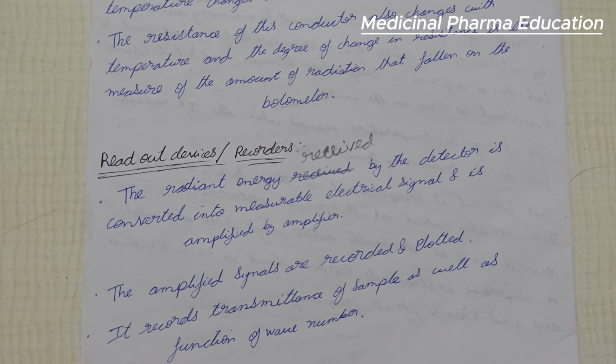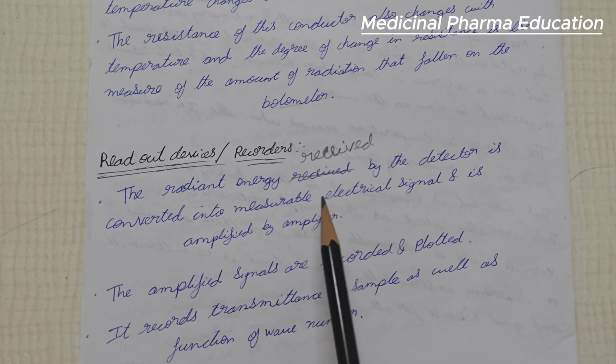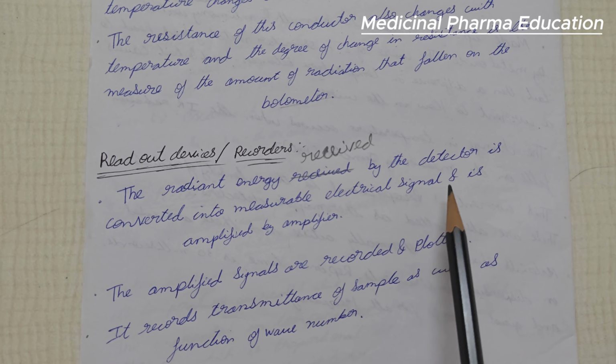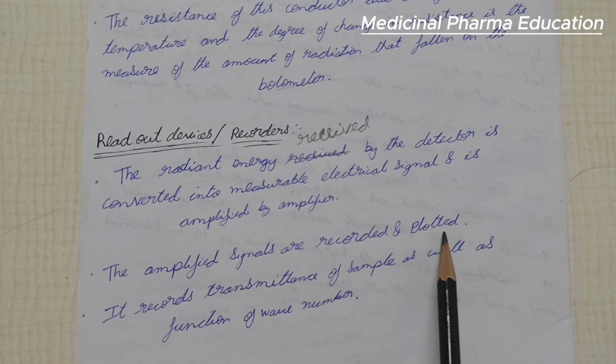Next, readout devices or recorders. The radiant energy received by the detectors is converted into measurable electrical signals and is amplified by the amplifier. The amplified signals are recorded and plotted. It records the transparency of the sample as a function of the wave number.